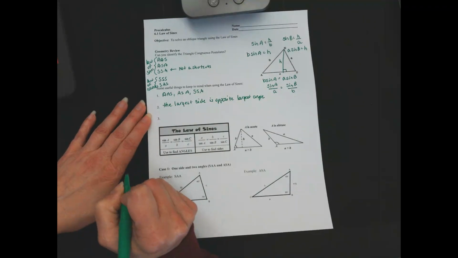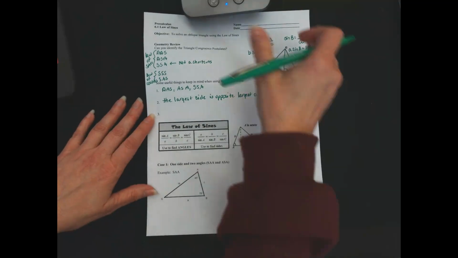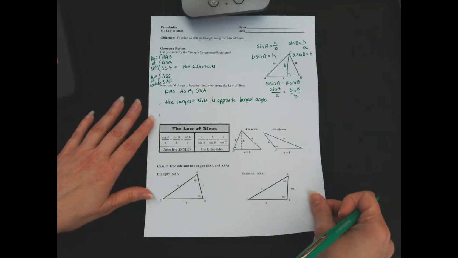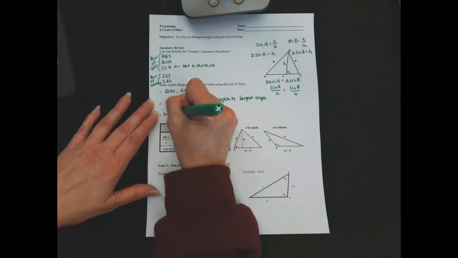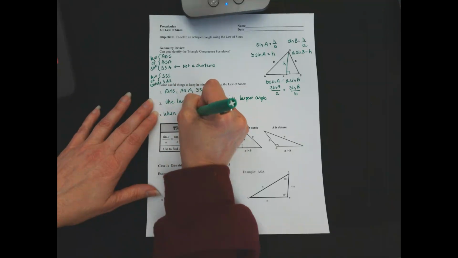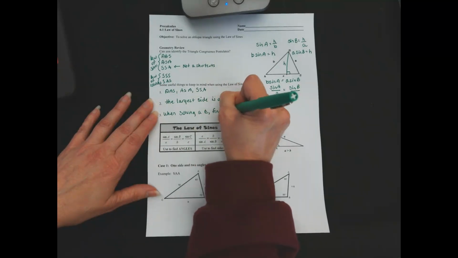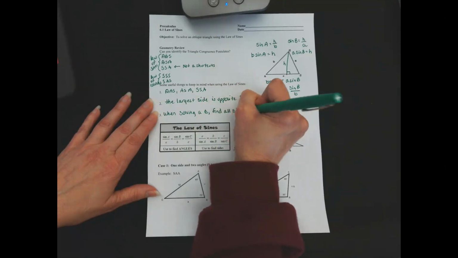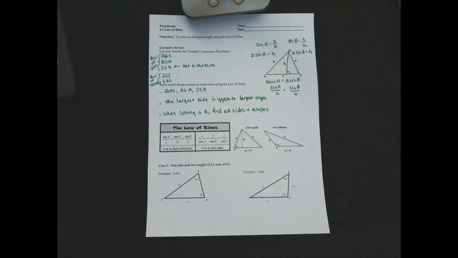And when we're looking to solve a triangle, you're finding all your missing sides and all of your missing angles. You have to be given 3 pieces of information, so you need to find the other 3 pieces.